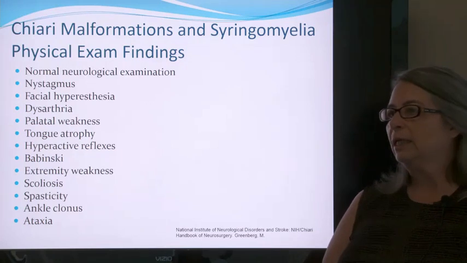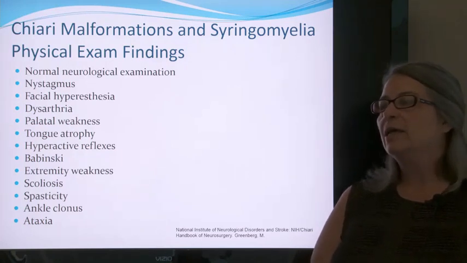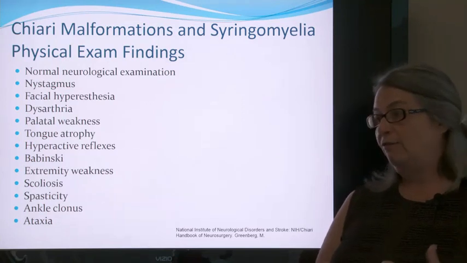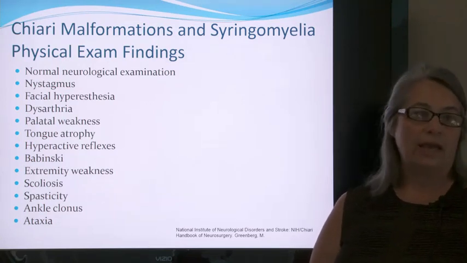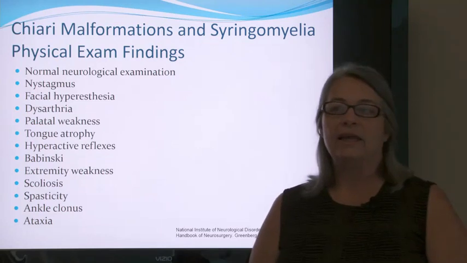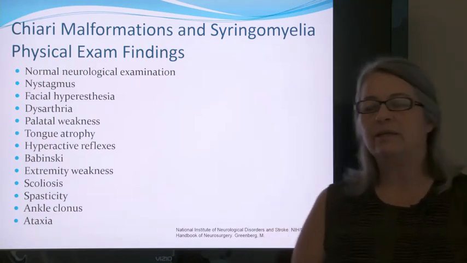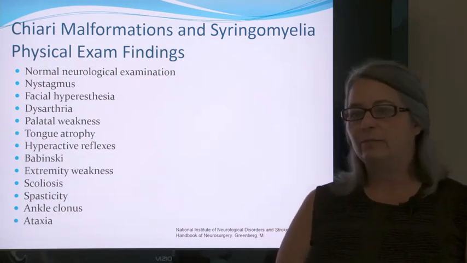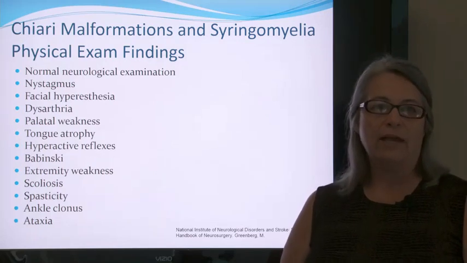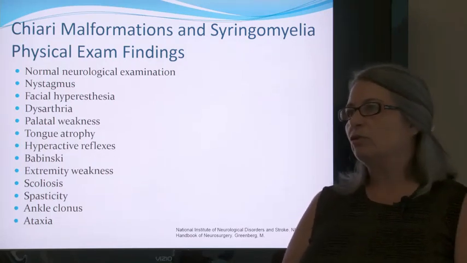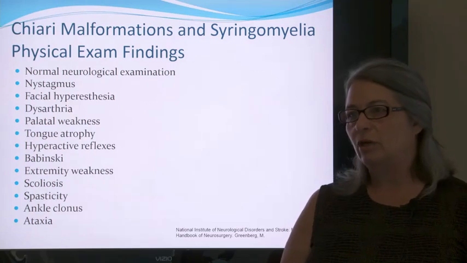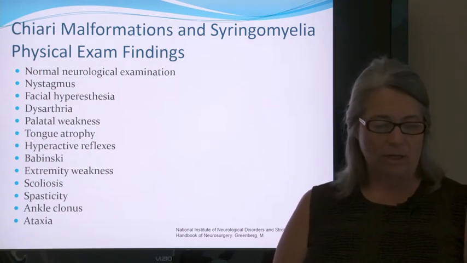You don't want to lead the child on, suggesting things, because depending on how bad they feel, they may agree with you that they have this symptom and they don't, but they want whatever symptom they do have to be taken care of. And so you want to be very careful in your very detailed neurological exam to not lead them on.